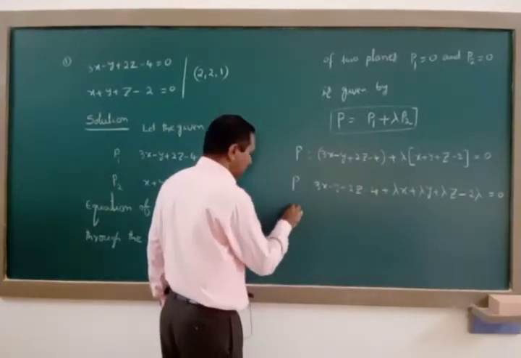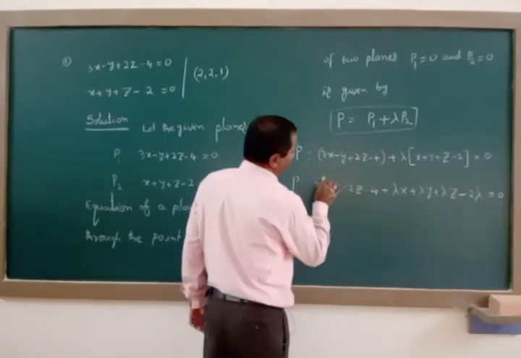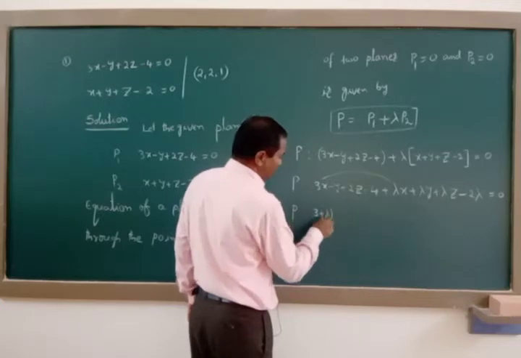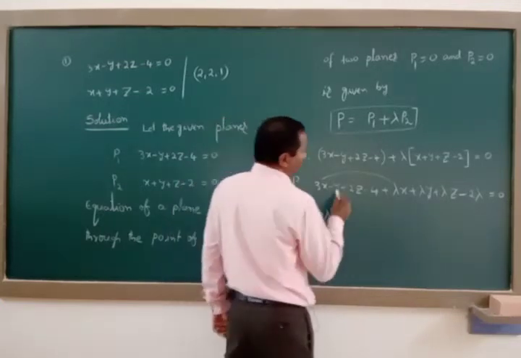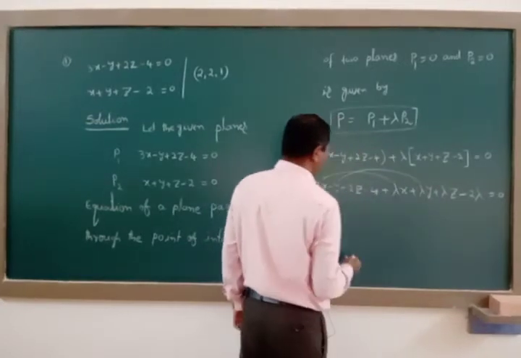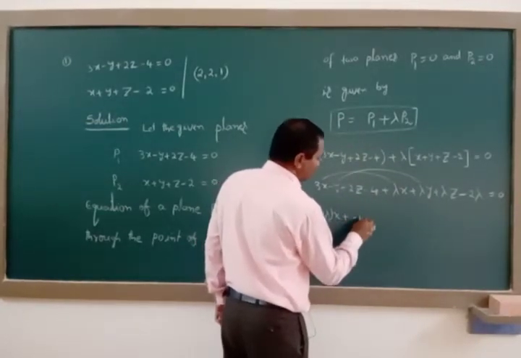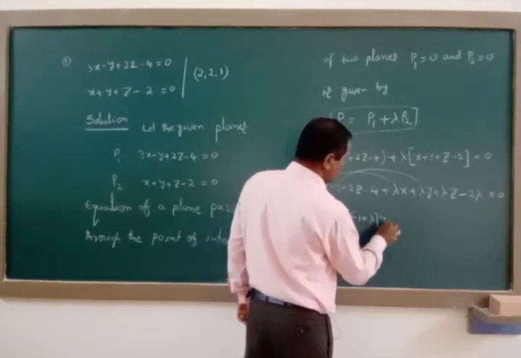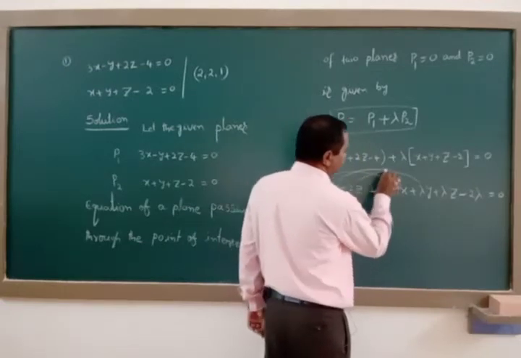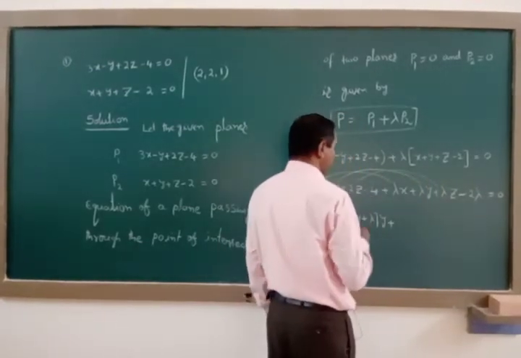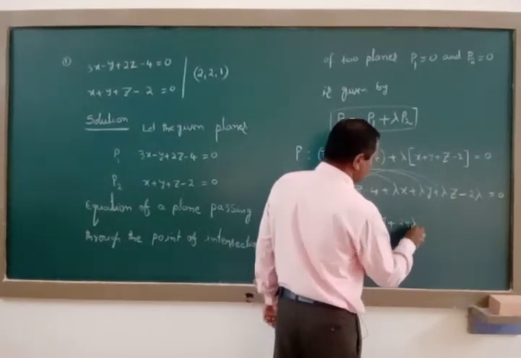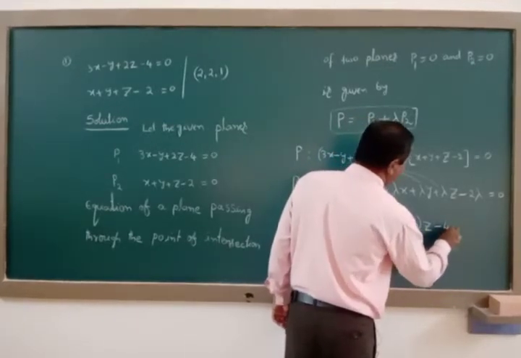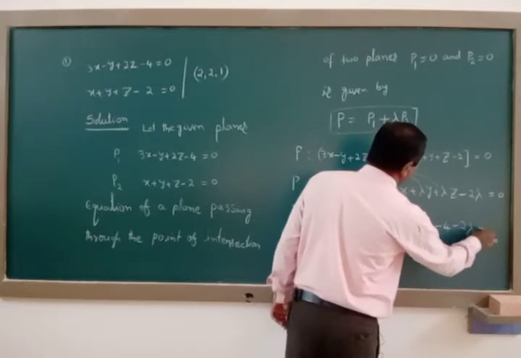From these terms take x common, then you will get (3 plus lambda) of x. Next from these take y common, you will get plus (minus 1 plus lambda) of y, plus from these take z common, then you will get (2 plus lambda) of z, and the remaining constants are minus 4 minus 2 lambda is equal to 0.